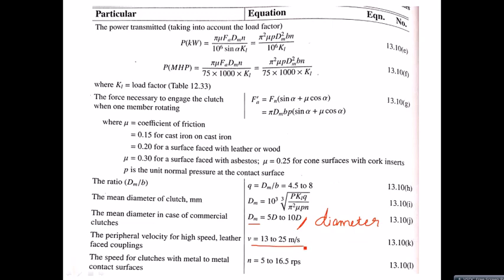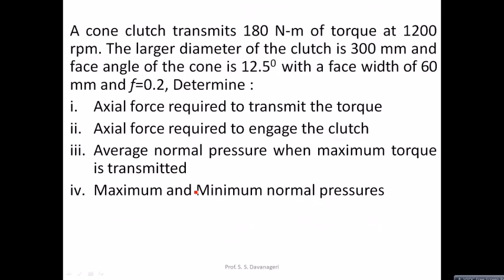Now, the peripheral velocity for high speed: if the clutch is leather faced, the maximum speed is 13 to 25 meter per second, and when the clutches are metal to metal contact surfaces, then the speed is 5 to 16.5 revolutions per second. These are the formulas required for the solution of cone clutch problems.